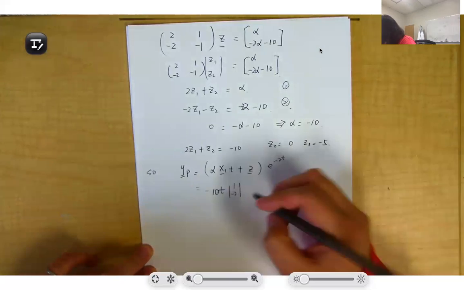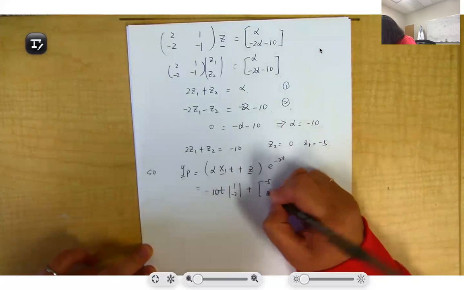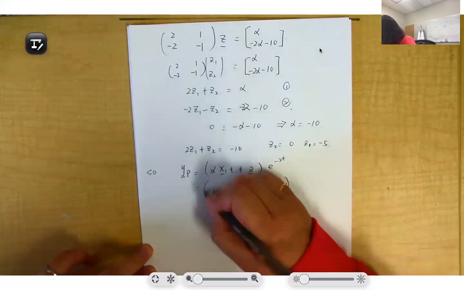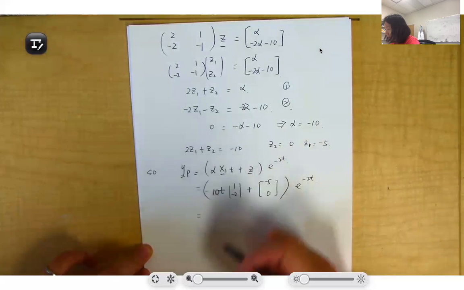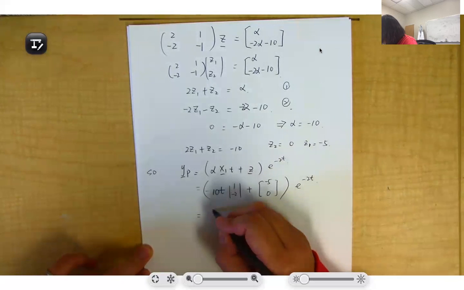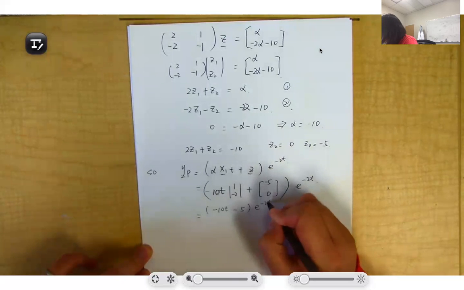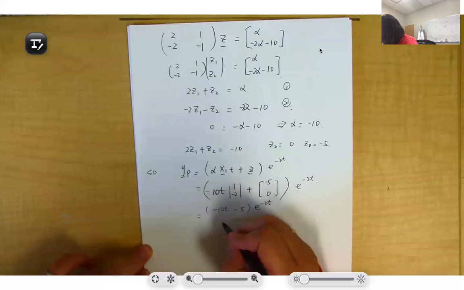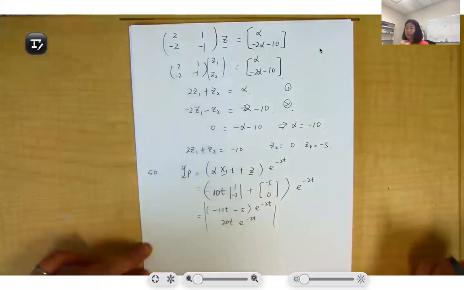Plus z is -5, 0. Times e to the -2t. In the end, your particular solution will look like: first row -10t minus 5 times e to the -2t, the second row is 20t e to the -2t. Okay, so that is y_p.